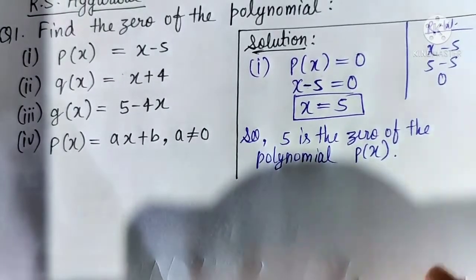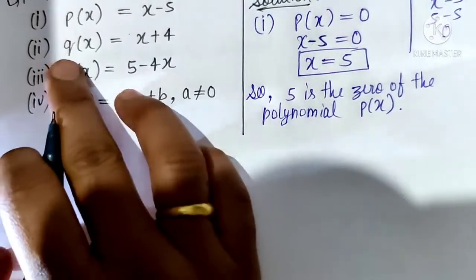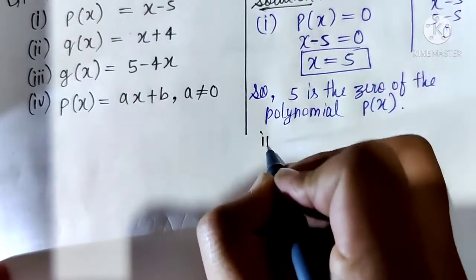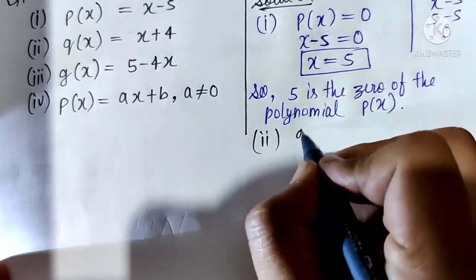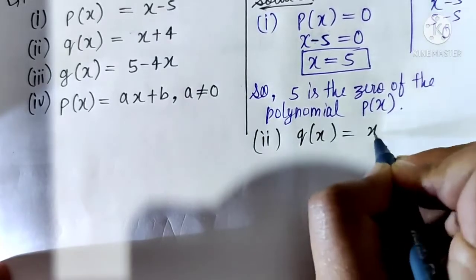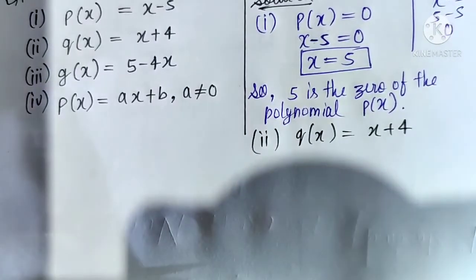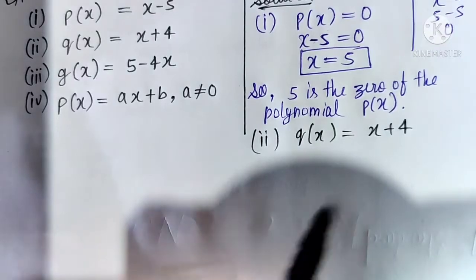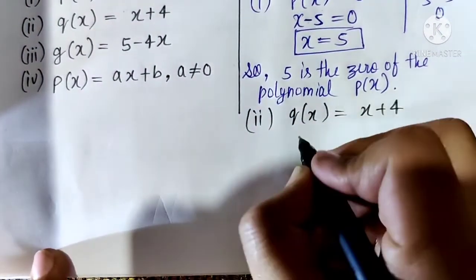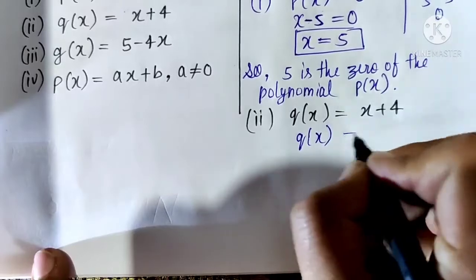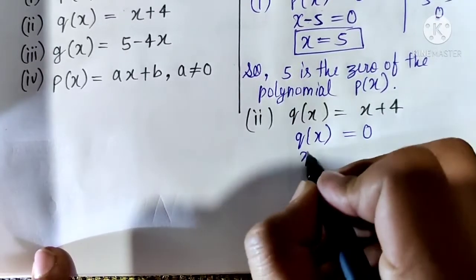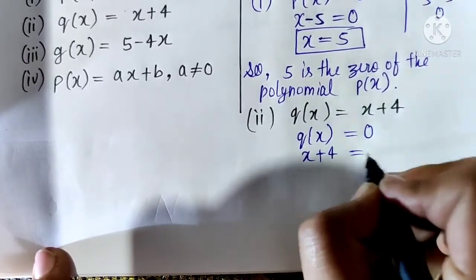Now move to the second part. The second part is q(x) equals x plus 4. You can solve this one in the same way as the first part. So we put q(x) equals 0, which means x plus 4 equals 0.